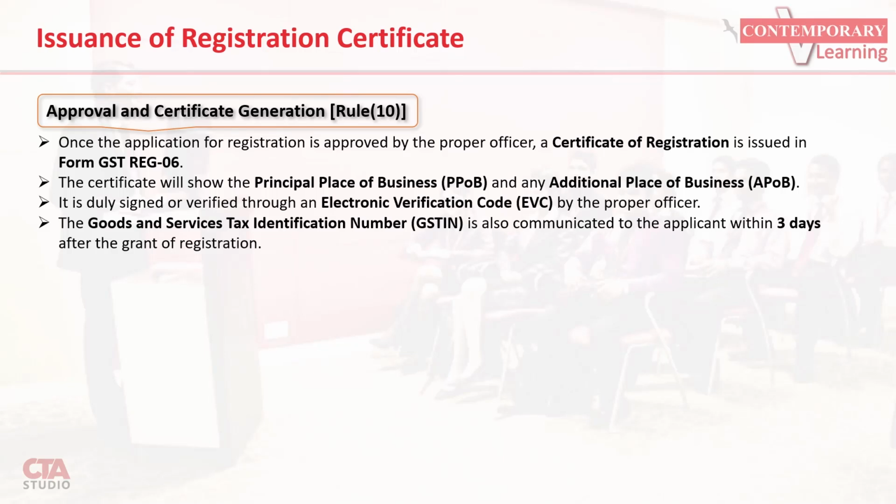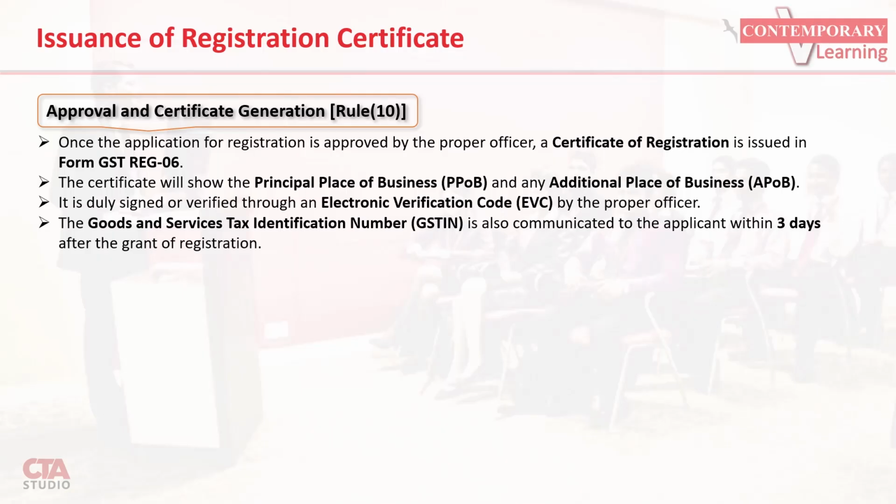It is duly signed or verified through an electronic verification code, EVC, by the proper officer. GSTIN communication. The Goods and Services Tax Identification Number, GSTIN, is communicated to the applicant within 3 days after the grant of registration.